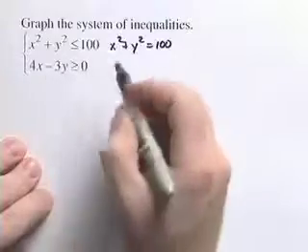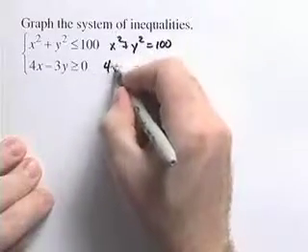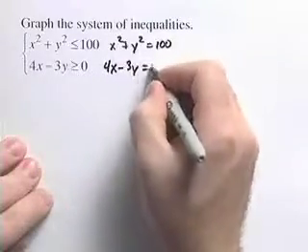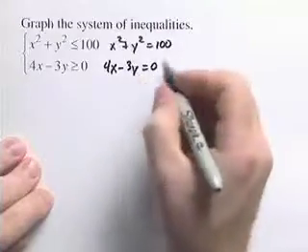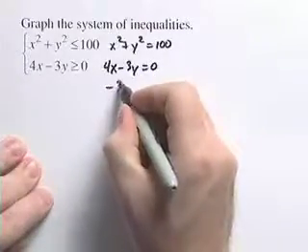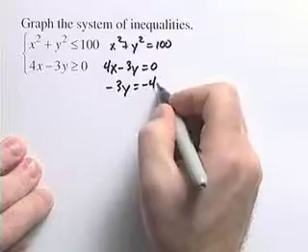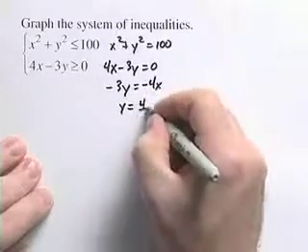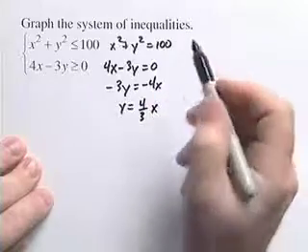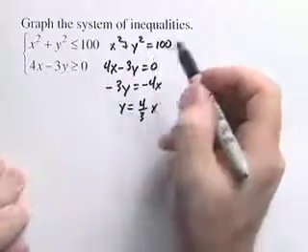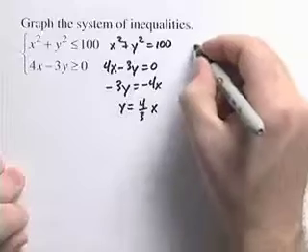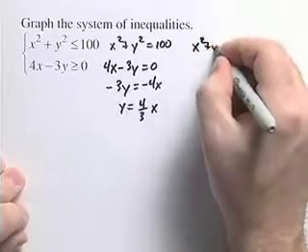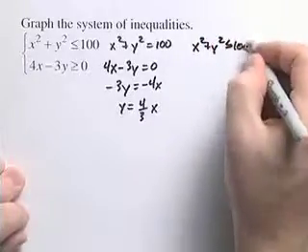The center will be at the origin, and it'll have a radius of 10 because 10 squared is 100. Our second inequality, if we consider it as an equation, 4x minus 3y equals 0. If we solve this for y, we'll get negative 3y equals negative 4x, or y is equal to 4/3 x. Now with our inequality, we really want x squared plus y squared less than or equal to 100.